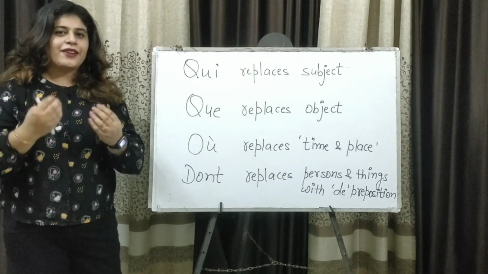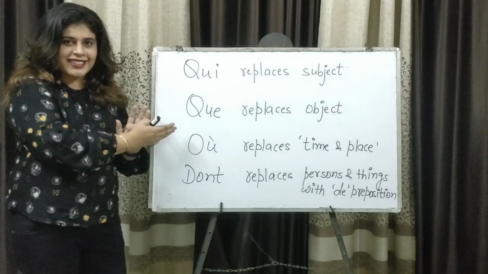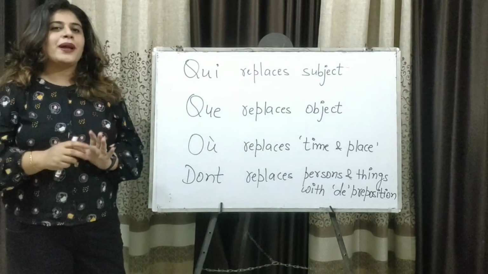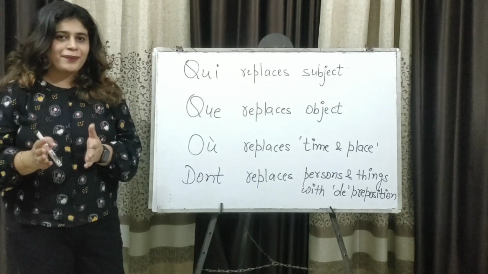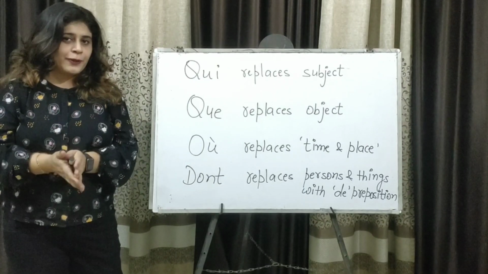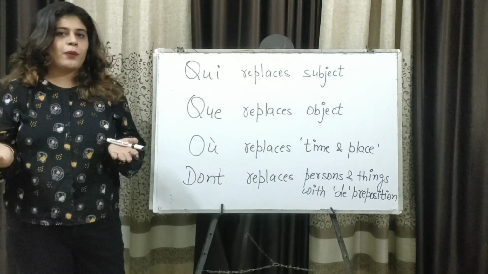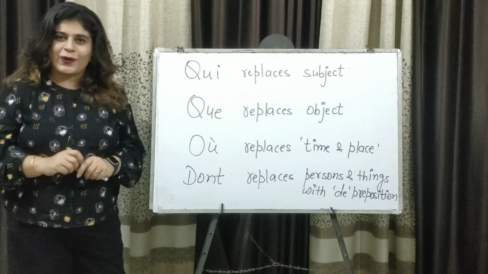If that common noun is working as an object, the answer is que. If that common noun is indicating a place or it is referring to a time, your answer is où. And if it comes with de preposition, it could be something or someone, your answer is dont.